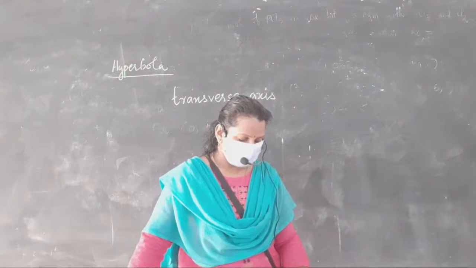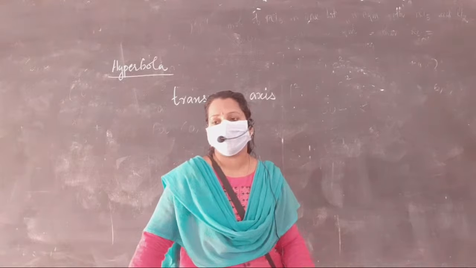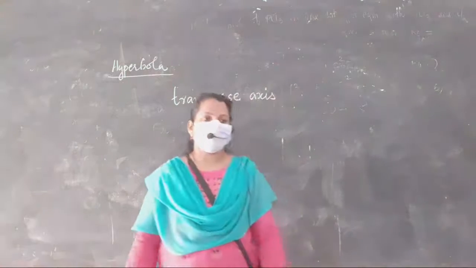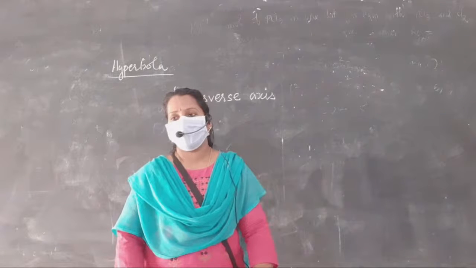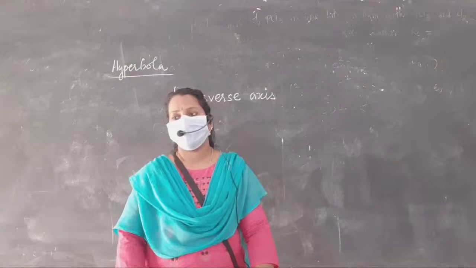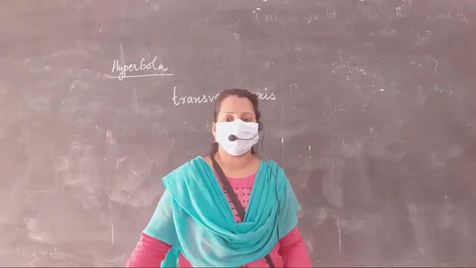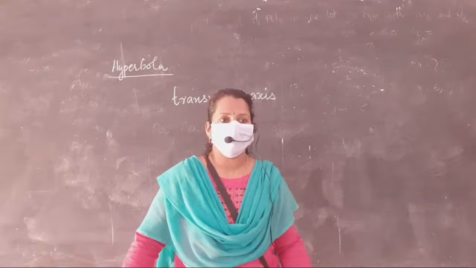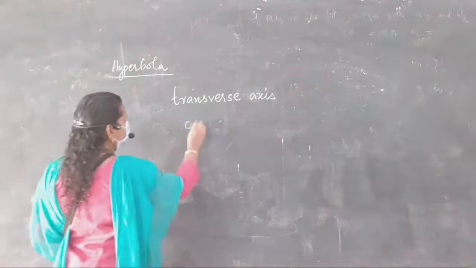And the line through the center and perpendicular to the transverse axis is called the conjugate axis.